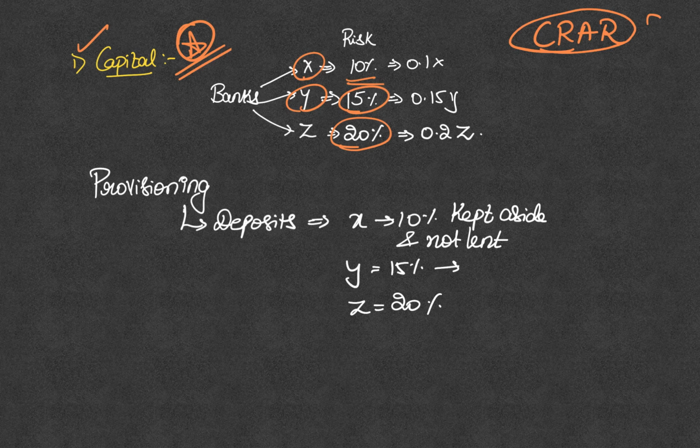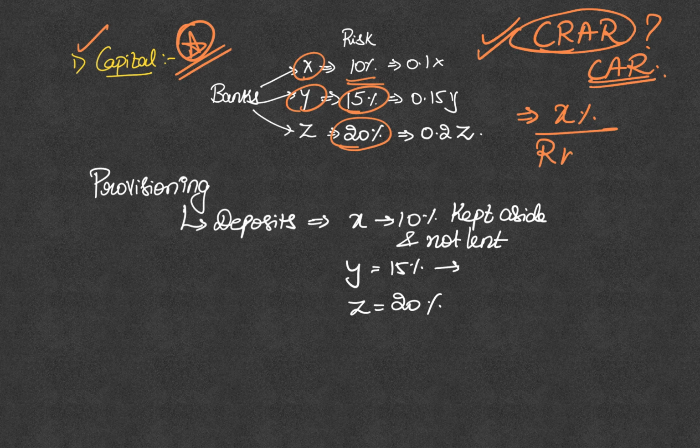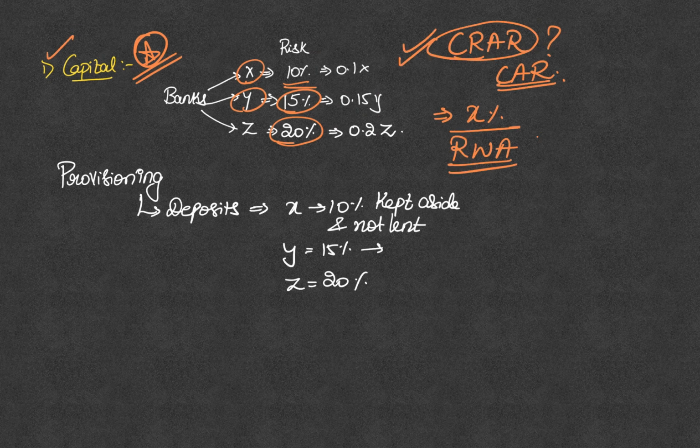How much is that capital is the question. That is determined by the CRAR, or simply called the Capital Adequacy Ratio. This concept says that the capital that a bank should have is nothing but a certain X percent of the total risk weighted assets.